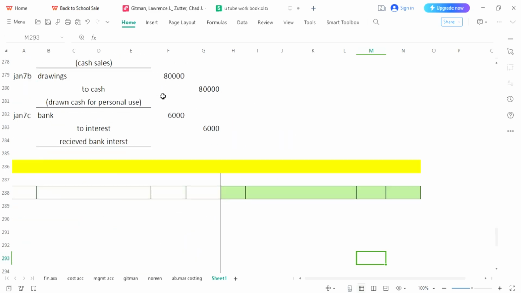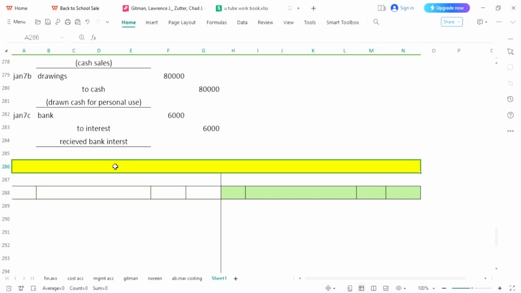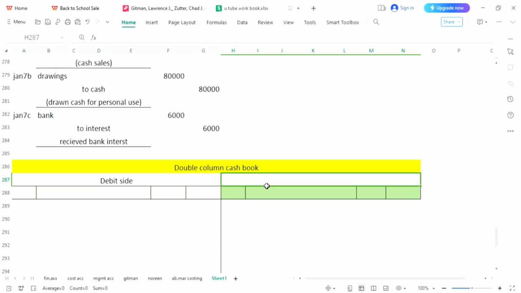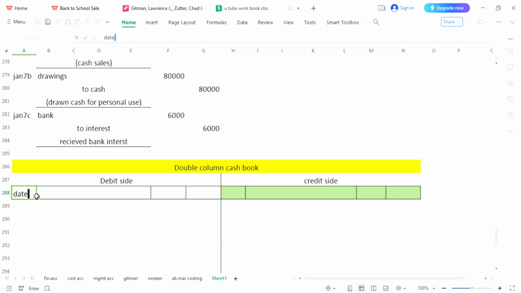For that purpose, look at this. There are two sides. This is your double column cash book, and here we will see our debit side, and at the other side we will see the credit side. As usual, we will see date first and then particulars, and here cash and bank.